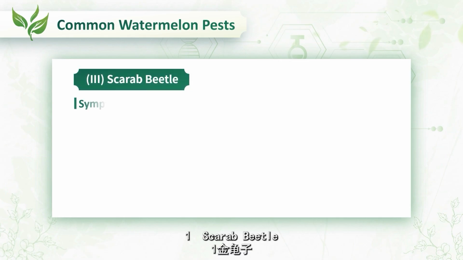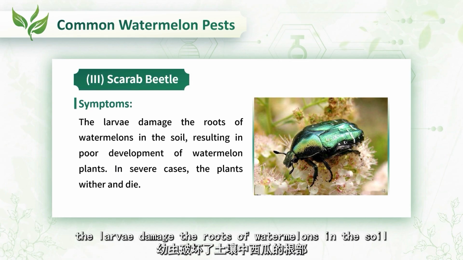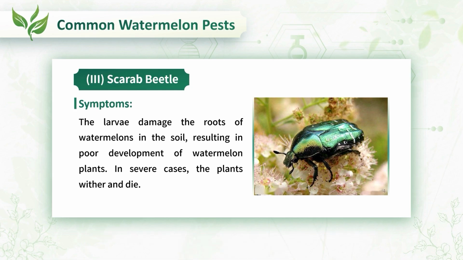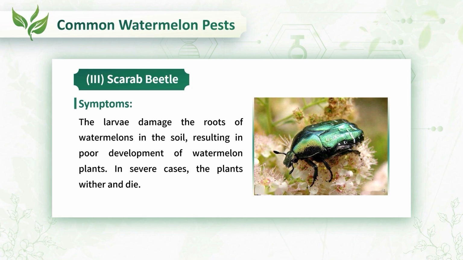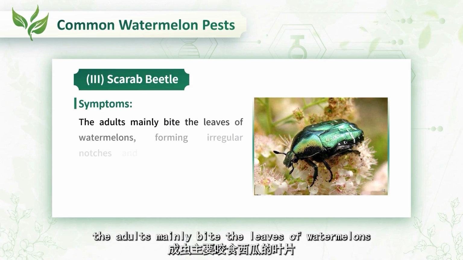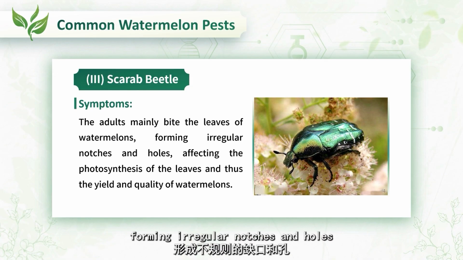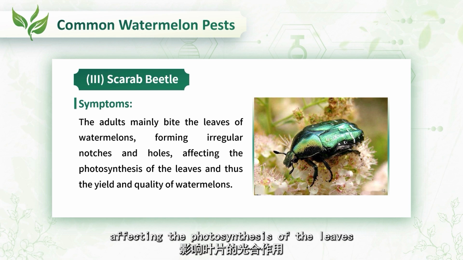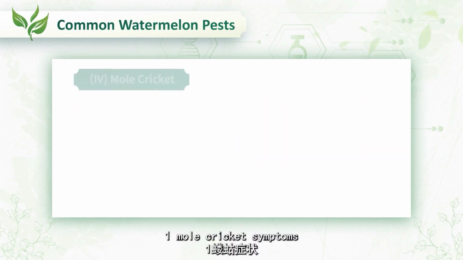3. Scarab beetle. Symptoms: the larvae damage the roots of watermelons in the soil, resulting in poor development of watermelon plants. In severe cases, the plants wither and die. The adults mainly bite the leaves of watermelons, forming irregular notches and holes, affecting the photosynthesis of the leaves, and thus the yield and quality of watermelons. 4.